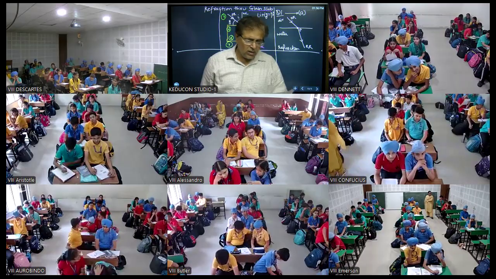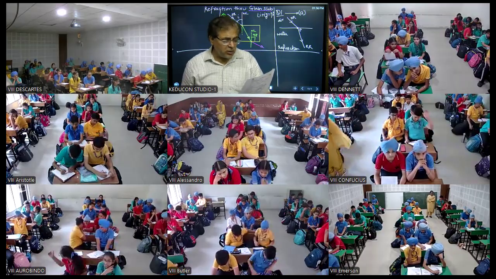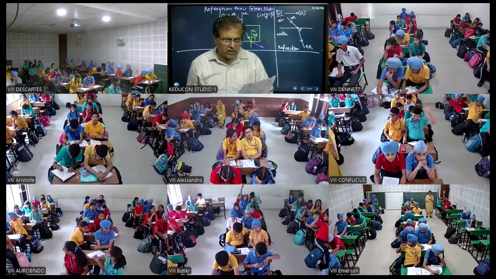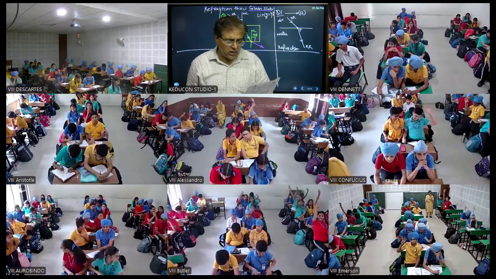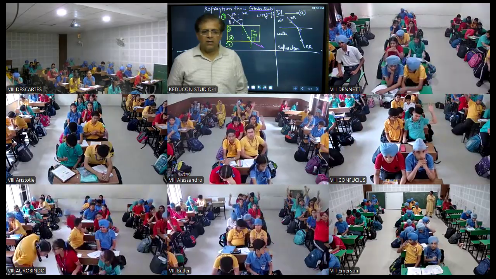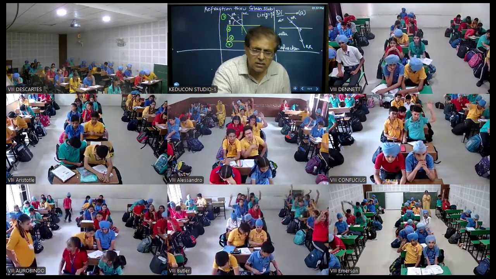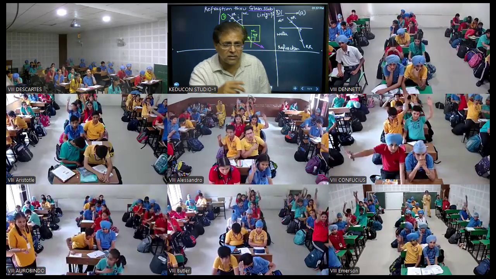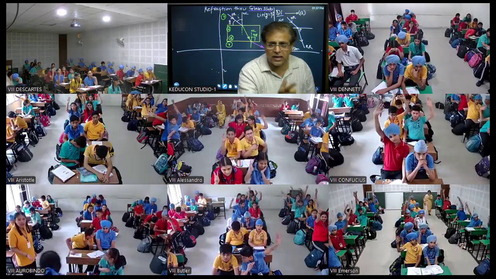Question number 3. Shabash, read it and tell me your choice. A student observes a rainbow in the sky after rain. Which physical phenomena are involved in its formation? Third question, what is your choice? Shabash, Alessandro performing best. Aristotle, very good. Correct.